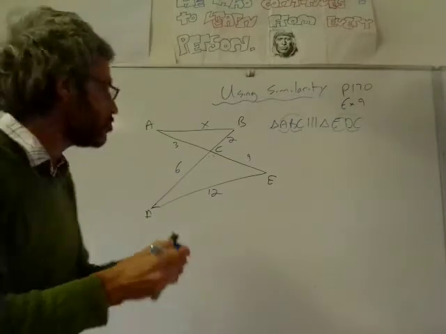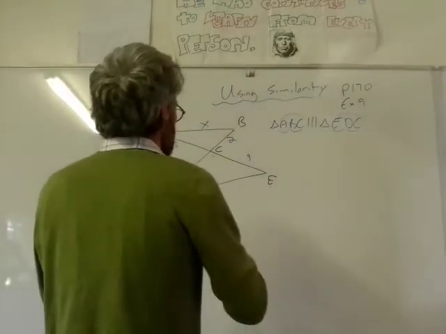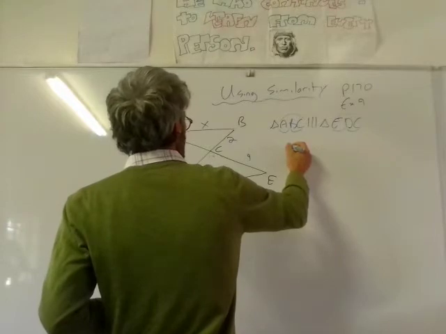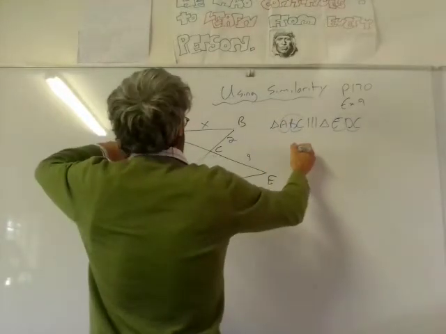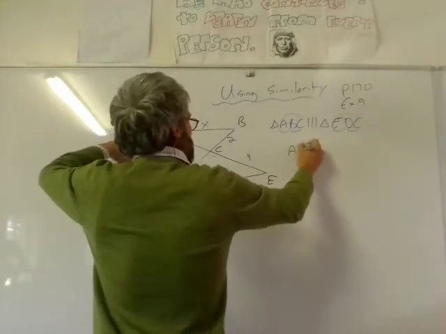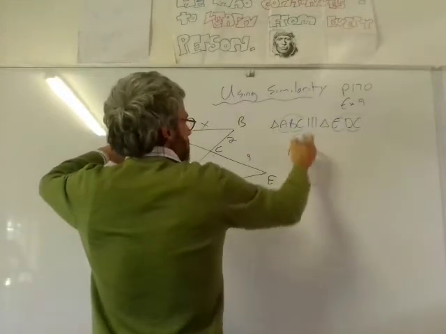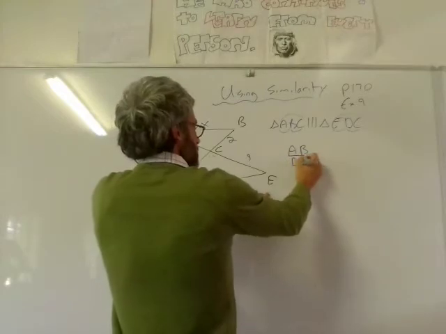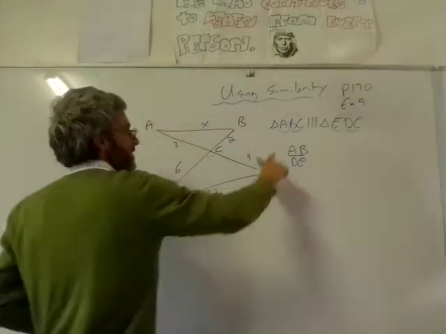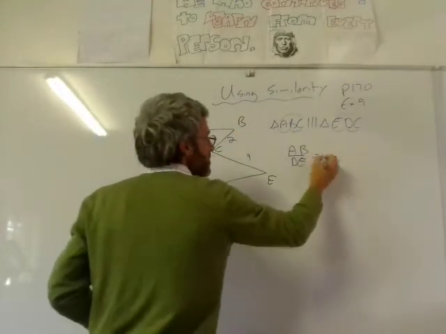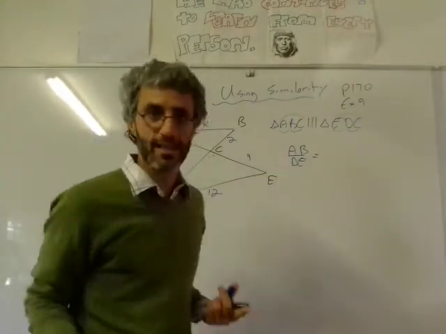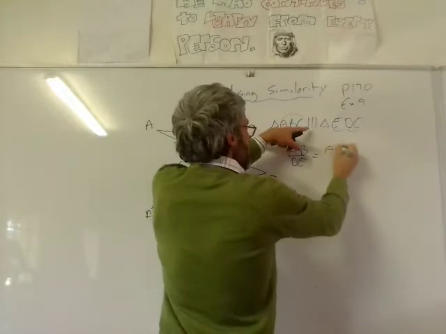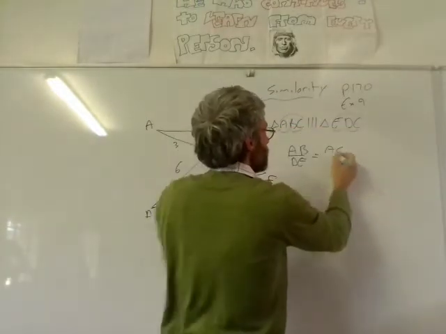But how do you write it? So what we're going to do is say it like this. AB divided by DE must be equal, for example, to AC divided by EC.